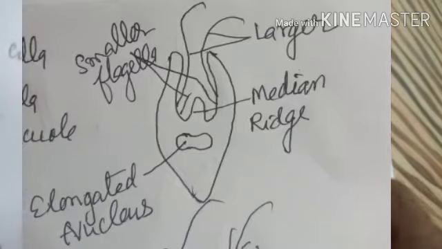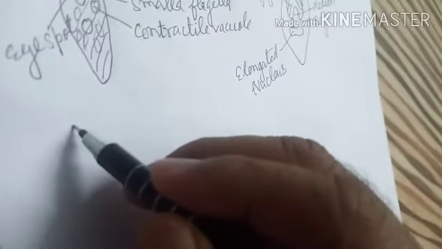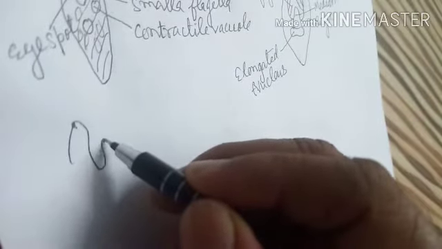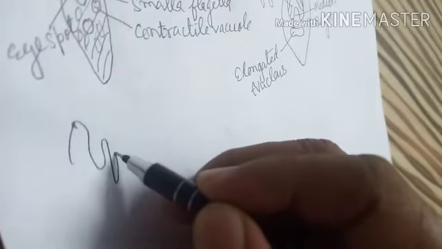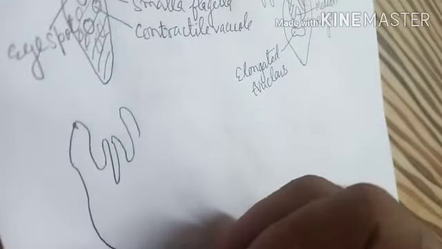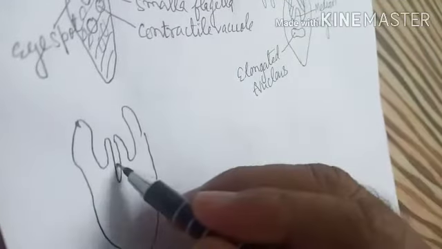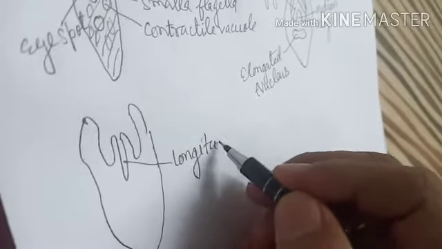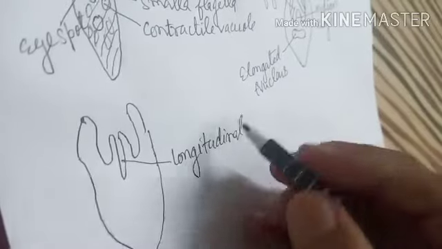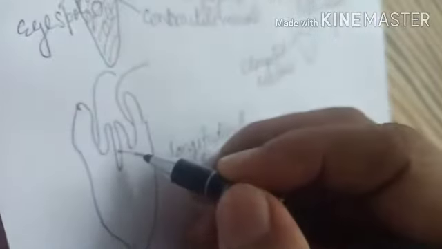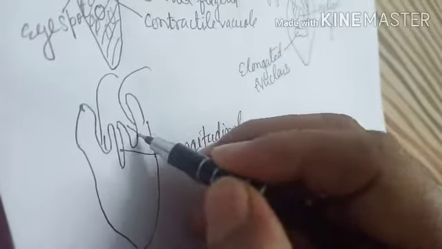And then a furrow develops in the median ridge. This is the development of the furrow in the median ridge. This is the longitudinal furrow. Here are flagella, larger flagella, smaller flagella.